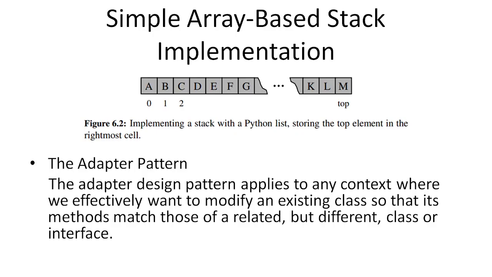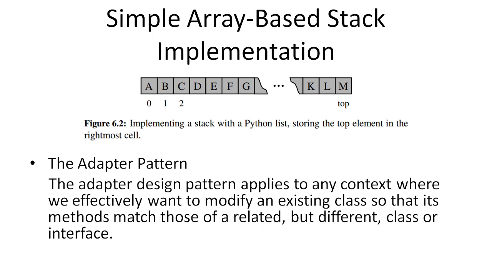The stack can be implemented by an array. You can imagine an array where the index starts from 0 and the top is the maximum position where you can store an element. So we can modify our stack ADT and make it in the form of a stack array pattern.